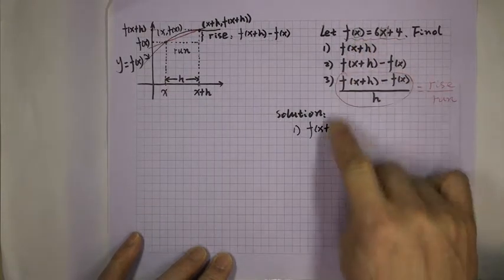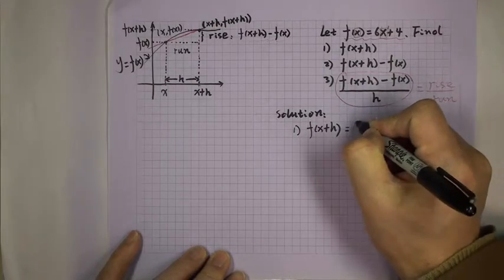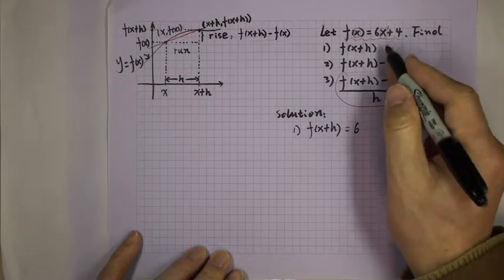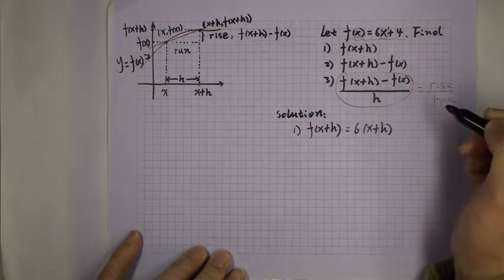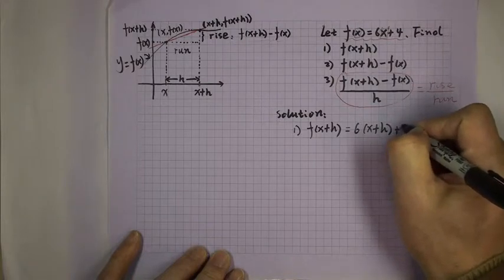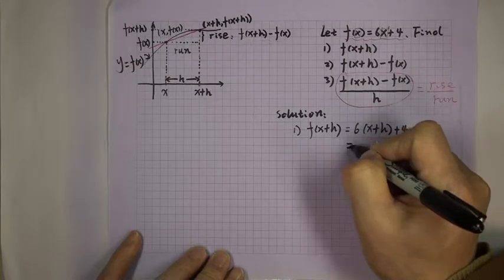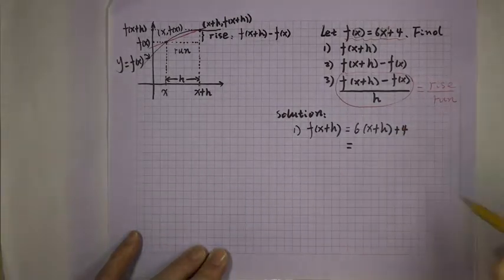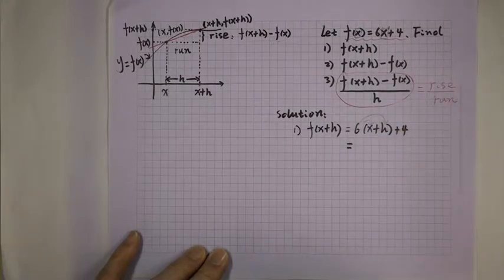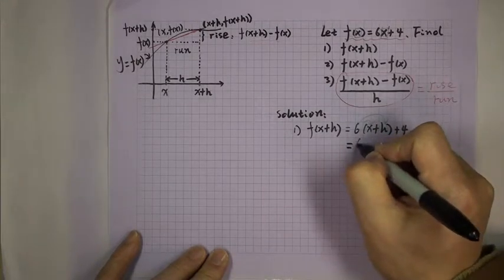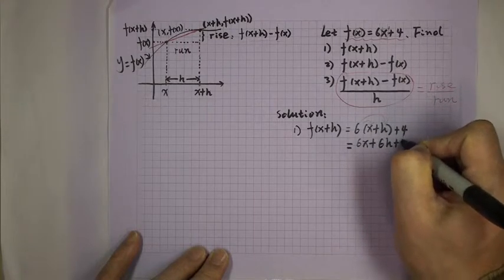When this place is x plus h, what you want to do is replace this x with this quantity, x plus h, and then plus 4. So what we get is 6 times x, 6 has to times h, distributive property, plus 4.